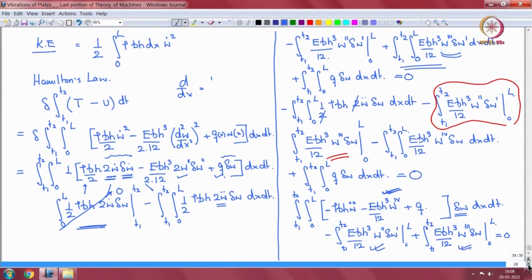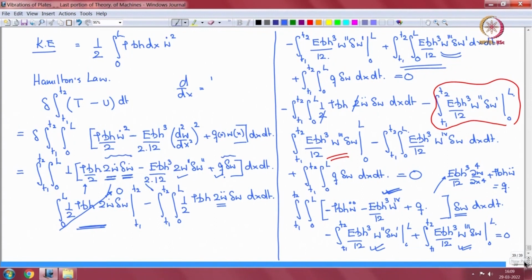So right from here, I am going to write it just here: E B H cube by 12 del 4 W by del X 4 plus rho B H W double dot is equal to Q. That is my Euler Bernoulli beam equation.